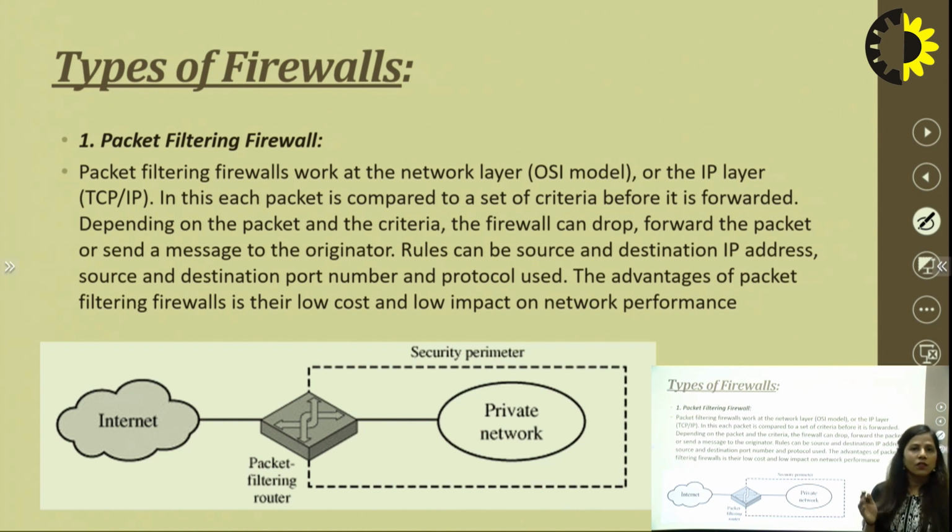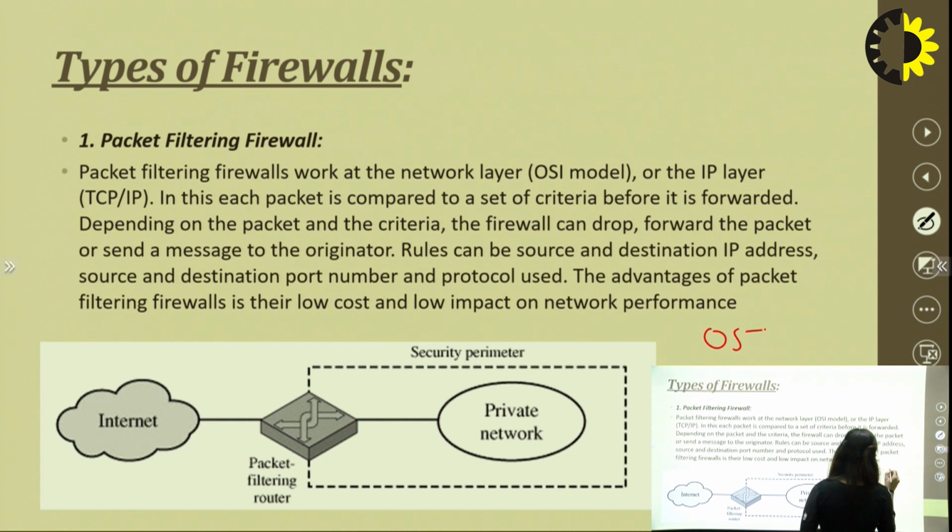As you all know, there are 7 layers in the OSI model: we have the physical layer, then the data link layer, then the network layer.